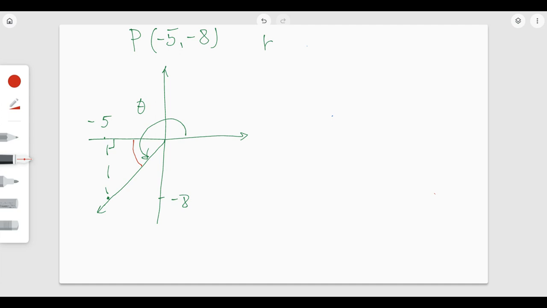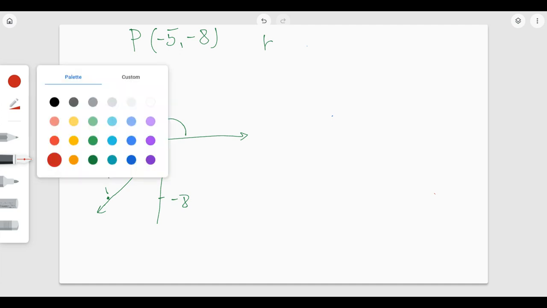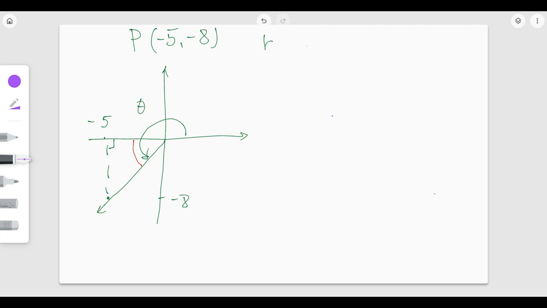So in order to determine the r value, we first have to find the length of the two legs of the triangle. Since the y value is -8, then the length of this leg is 8. Length cannot be negative, so it's a distance.